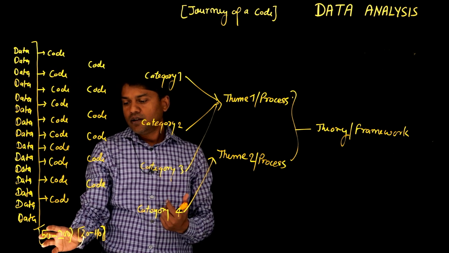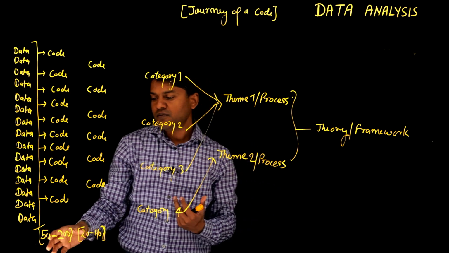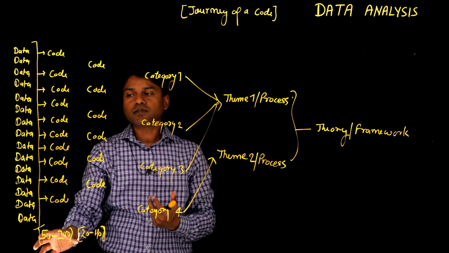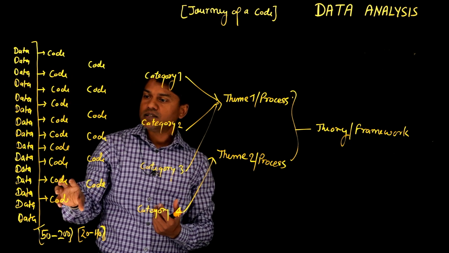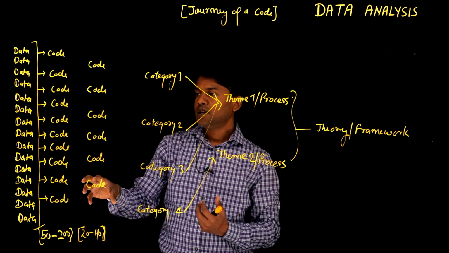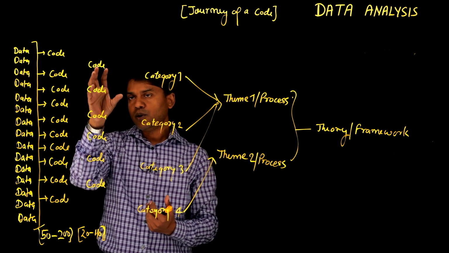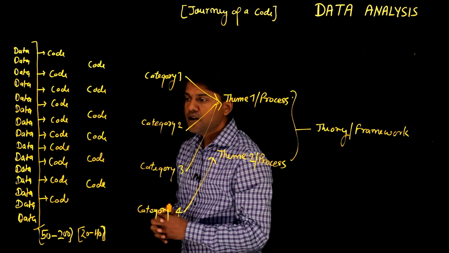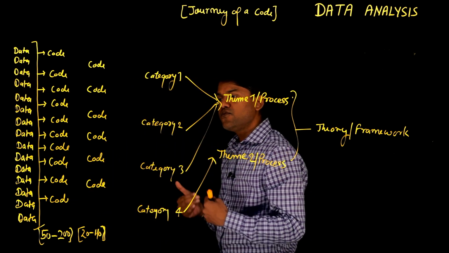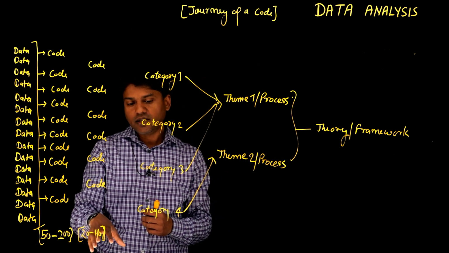And in a usual qualitative project, we have somewhere between 50 to 200 codes that come from the data. And then you look at these codes and see how many are similar and can be clubbed together. So you do another round of coding where you club codes together because of their similarities, and then you come up with more focused codes. And obviously they are less in number, as you could see here.